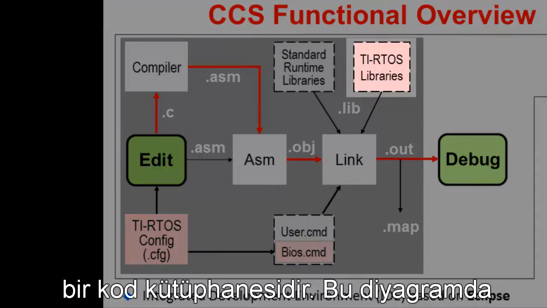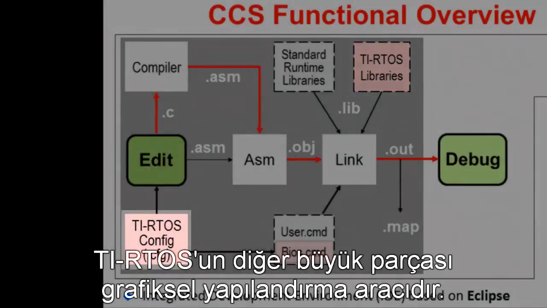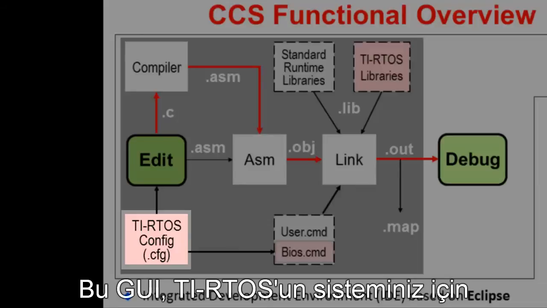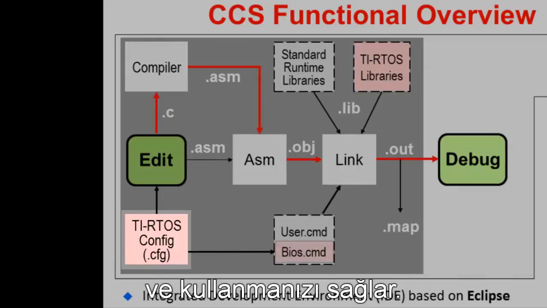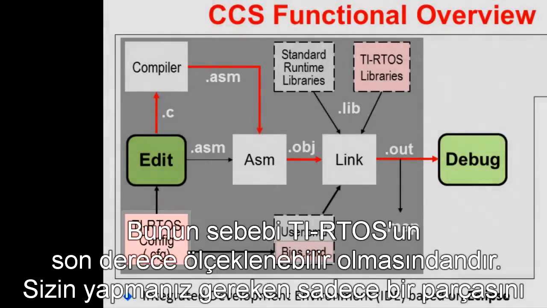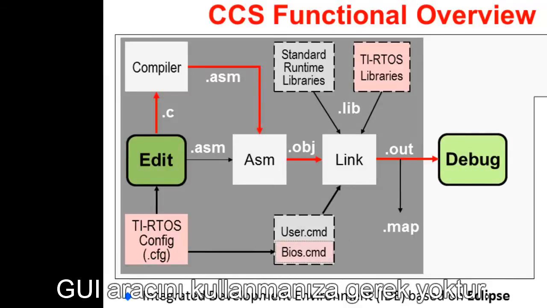In this diagram, that's represented by the TI-RTOS libraries box that would get pulled in by the linker. Another big part of TI-RTOS is the graphical configuration tool that it comes with. This GUI makes it easy to create RTOS data objects that you need for your system, as well as selecting those parts of TI-RTOS that you want to use. That's because TI-RTOS is very scalable. You only need to include in your final program those parts that you're interested in using.